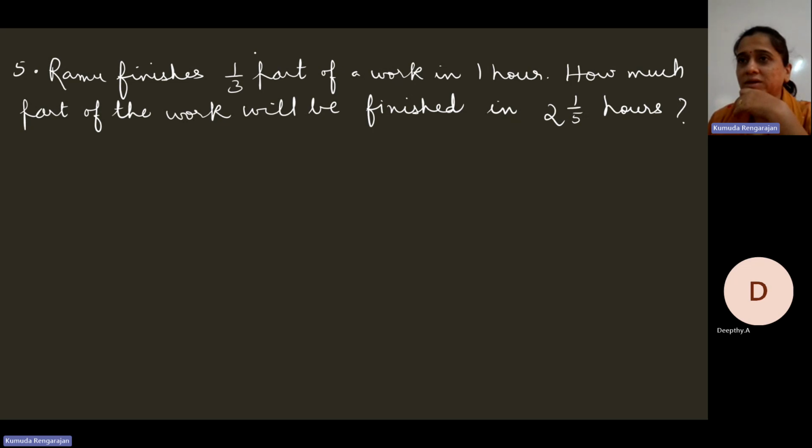Yes, that's right. We are given the fraction of work completed in 1 hour, and we are asked to find for more hours. Then it's multiplication, right? So do we understand that it's multiplication? It's 1 4/11.